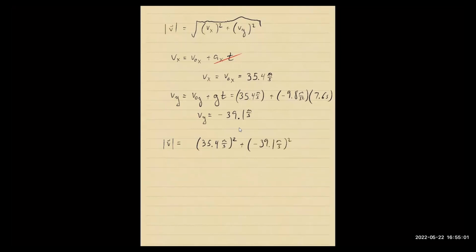We're going to square all that, then we just take the square root of that. And this tells us that the ball hits the ground with a velocity of 52.7 meters per second.